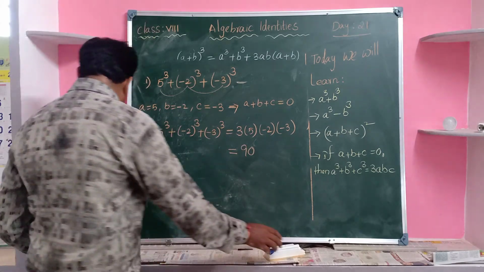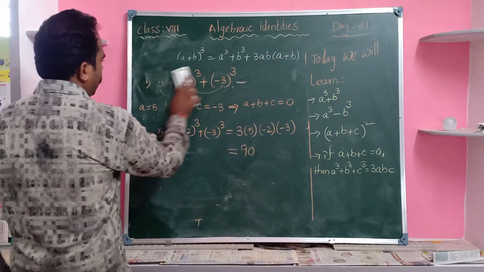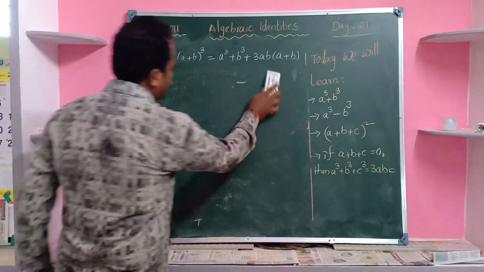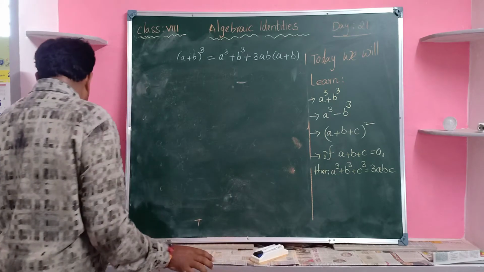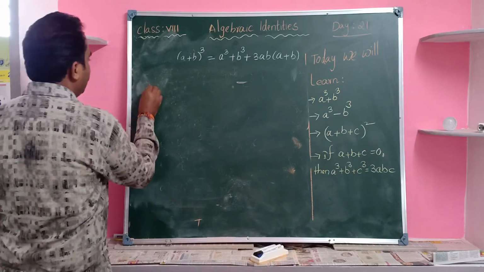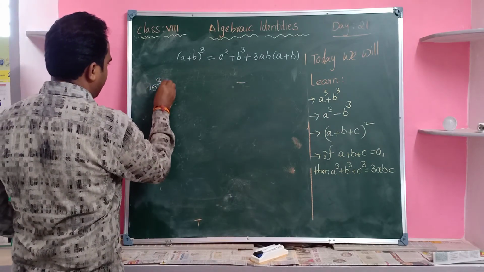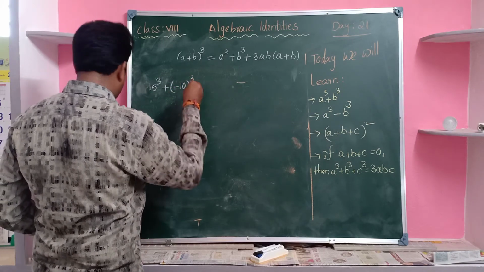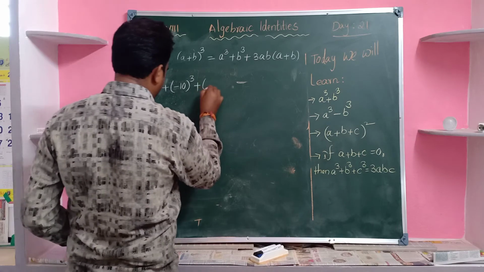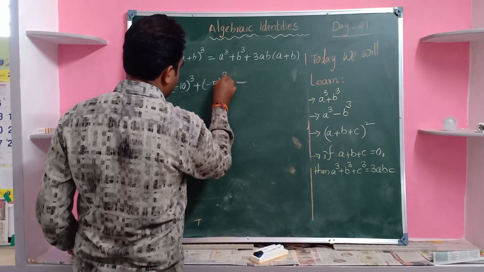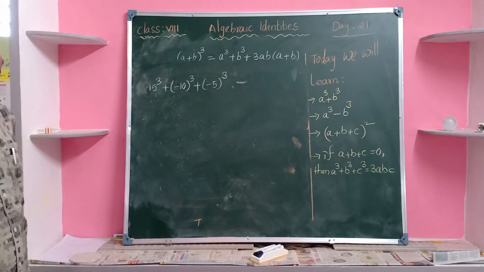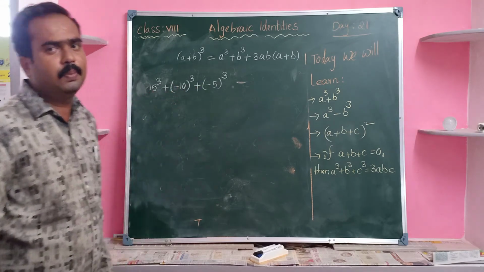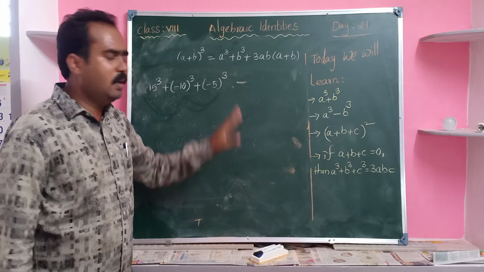So one more sum. Without actual cubing, find the value of 15 cube plus minus 10 cube plus minus 5 whole cube. See, again it is in the form of a cube plus b cube plus c cube, and the sum of these three terms is 0.